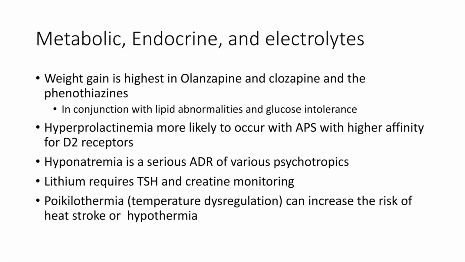Poikilothermia or temperature dysregulation can increase the risk of heat stroke or hypothermia. So if somebody is on psychotropics and they're working out outside, they may not be able to sweat as much, or they can become hypothermic sooner.